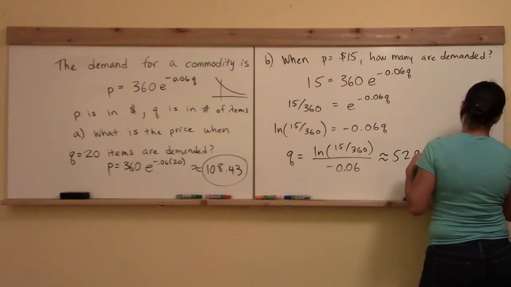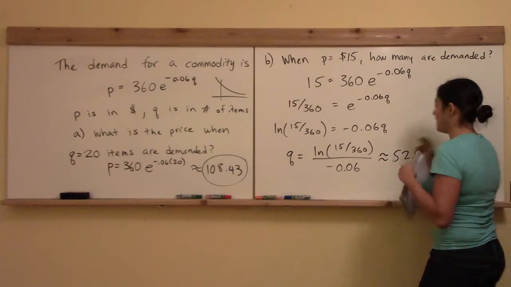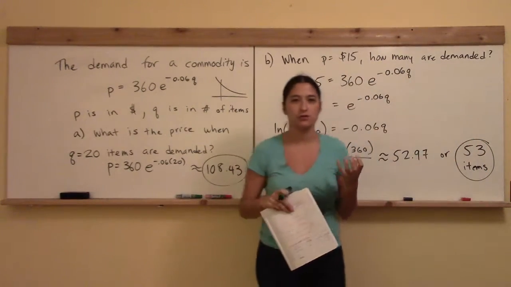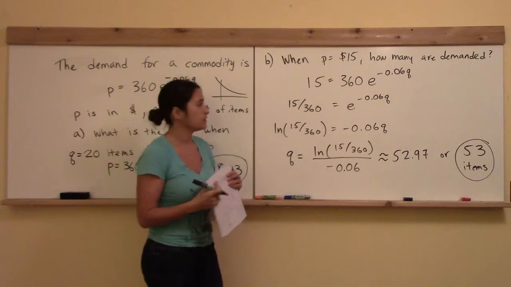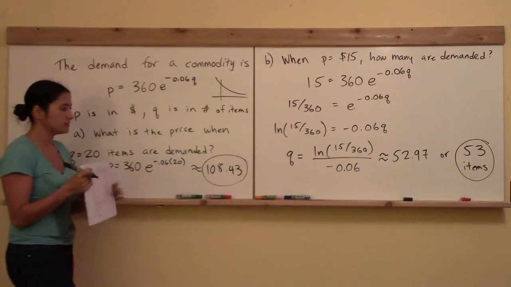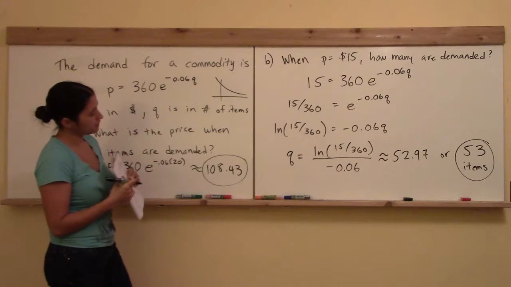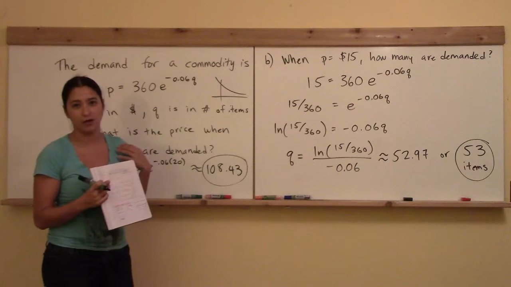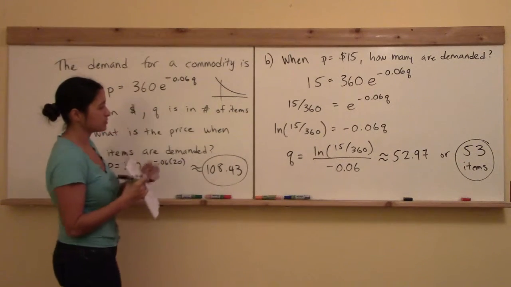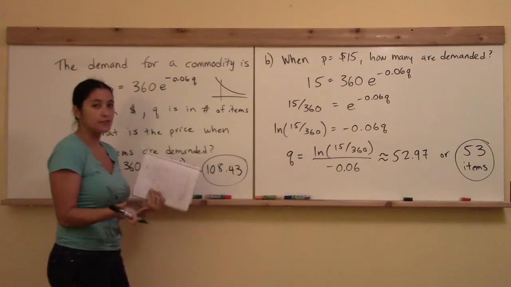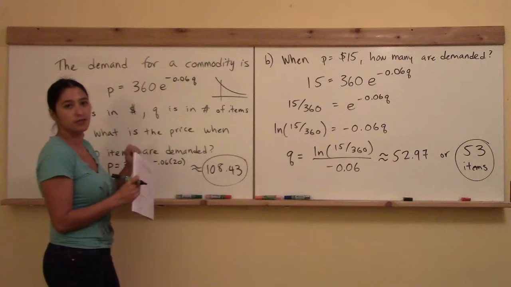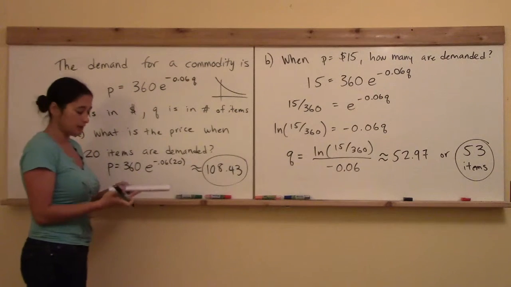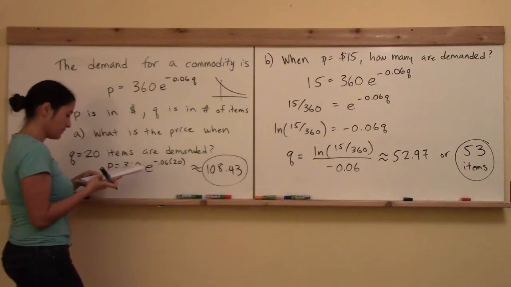I'm going to round this one to the nearest item because items are probably sold in whole items here, so I would have 53 items. That's a lot more than the 20 items at that price right there, but it's not tons more. And that has to do with the exponential form of it. You could plot this function if you were really interested to see how this price demand function works. Go ahead and plot it, and it would be nice to get to see all that.